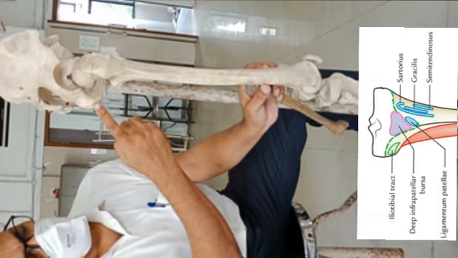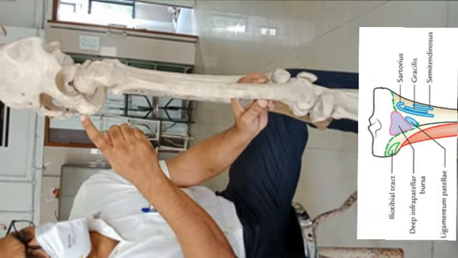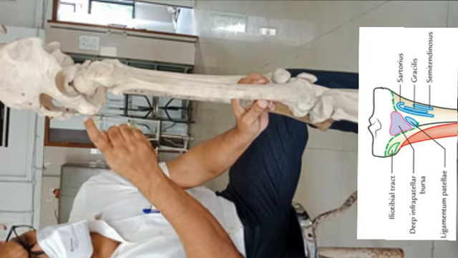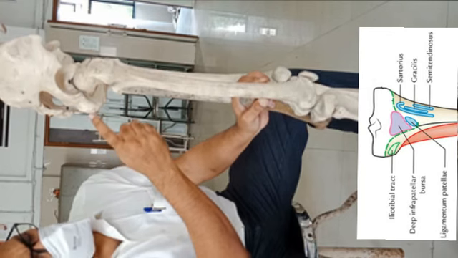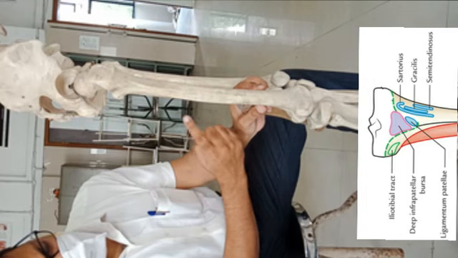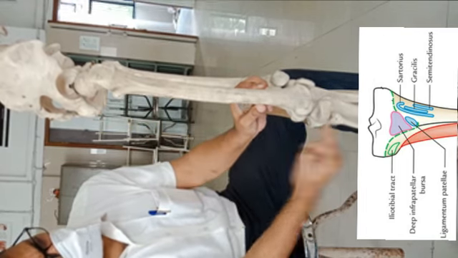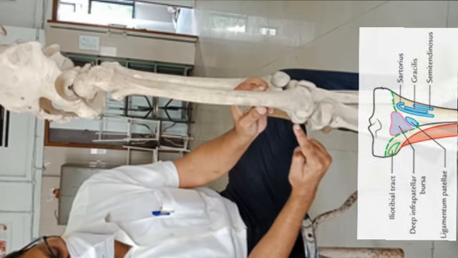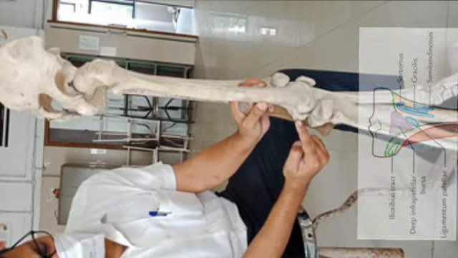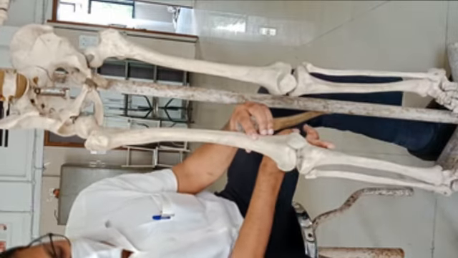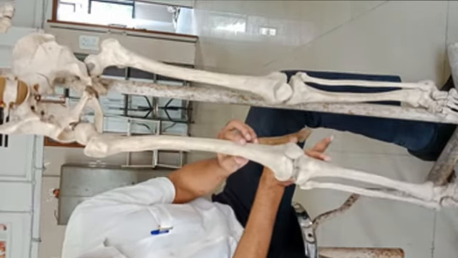We know semitendinosus comes from the lower medial part of the upper quadrangular part of the ischial tuberosity, and it is coming this way. Biceps is going on that side, semitendinosus is coming on this side and taking a turn on the posterior surface of the medial condyle of the femur and getting attached posterior to the gracilis.